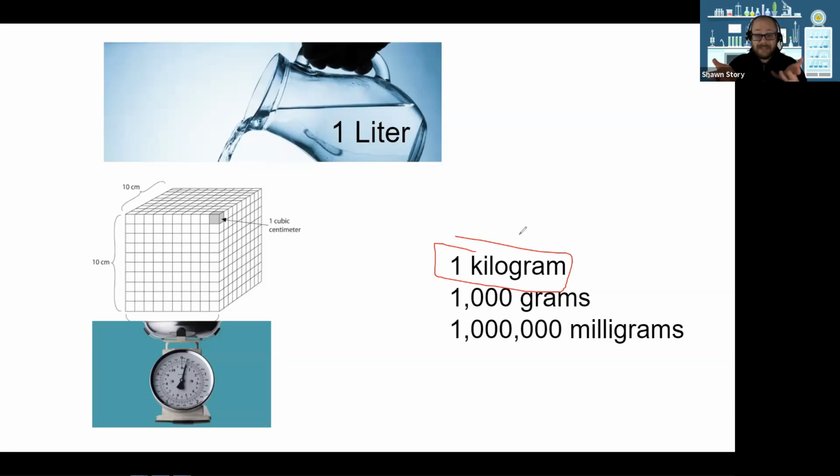So as water heats up, it becomes lighter. As water cools down, it gets heavier. So it has to be very chilled, 4 degrees Celsius. It's like cold, refreshing drinking water. If we weighed exactly 1 liter of cold, refreshing drinking water, it would be 1 kilogram of weight, which is 1,000 grams or 1,000,000 milligrams.